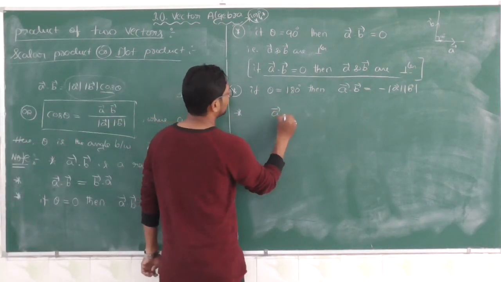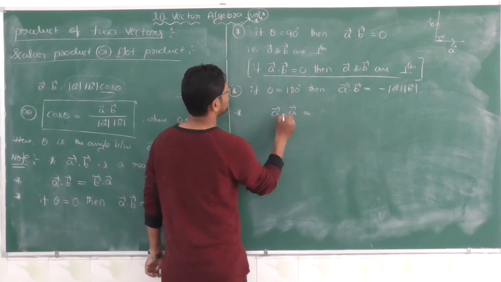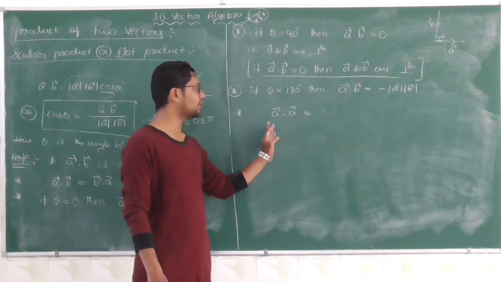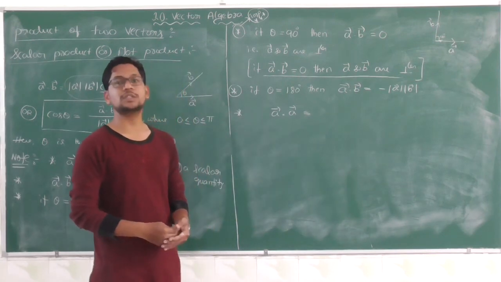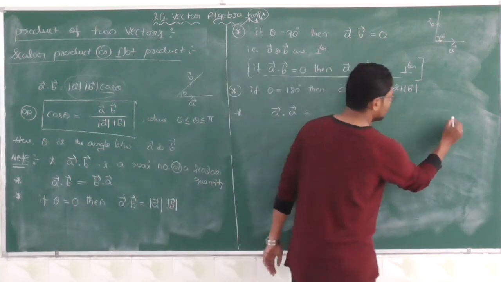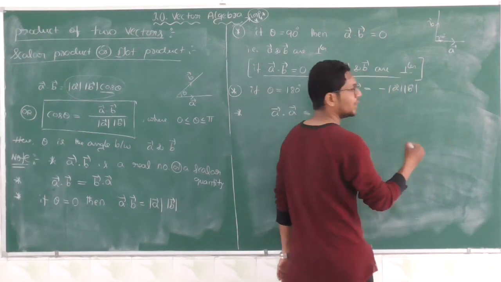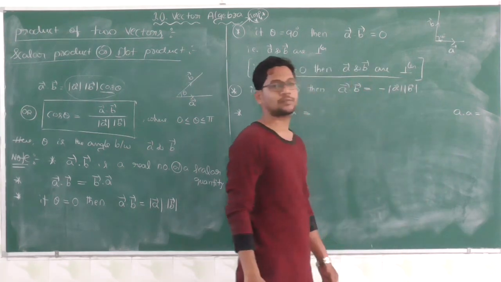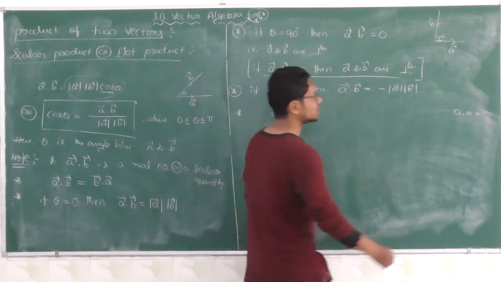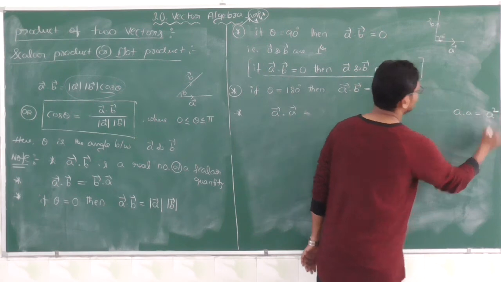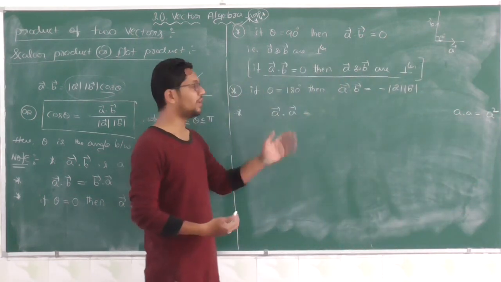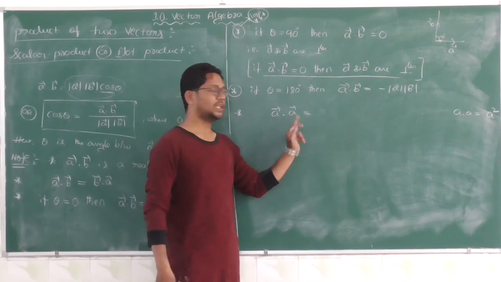Next one. A vector dot A vector equals what? The dot product of two same vectors. We know in the laws of exponents, A into A is A square. What about if we come to vectors?